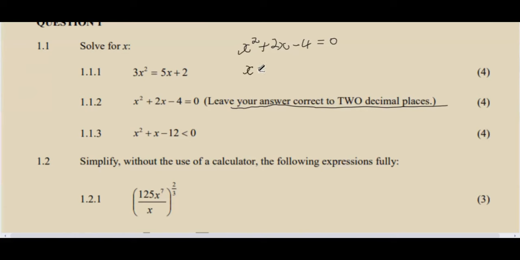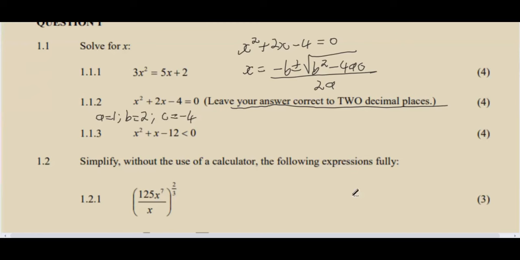So you just write it, then x equals negative b plus or minus the square root of b squared minus 4ac, over 2a, right? Then once you have written that, you just come here and say your a, that's your coefficient, it's 1. And then B, it's the coefficient here, it's 2. Then your C is the constant, it's negative 4, right?